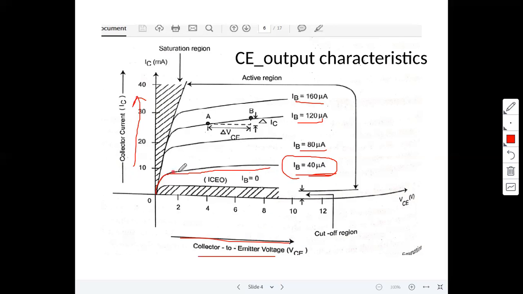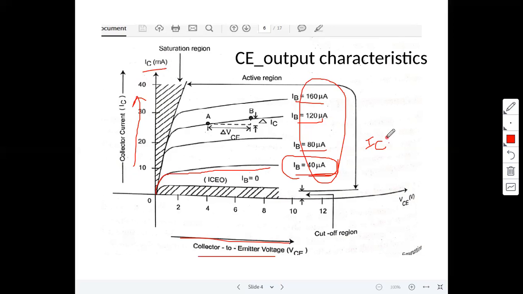Already we know the relation. Observe here, IB is in terms of microamperes, whereas IC is in terms of milliamperes. Observe the range of base current: it is in microamperes, whereas collector current range is in milliamperes.